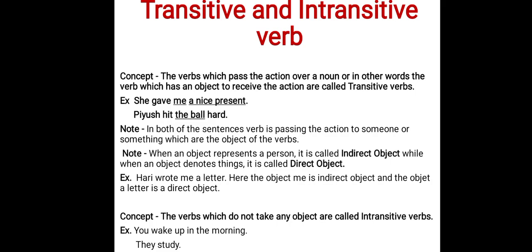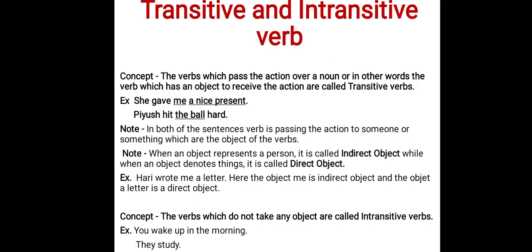But a nice present denotes a thing or object, that is why it is called direct object. Similarly, in the second sentence, Pius hit the ball. The ball is your object and it denotes a non-living thing. That is why it is a direct object. I hope it's clear now.